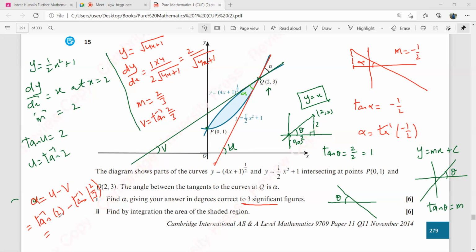So what is this angle? You can also give this answer in radians if you want. This is 29.7 degrees. So that is how you find the angle between two lines. And obviously before that, you learn how to find the angle between a line and the x-axis.